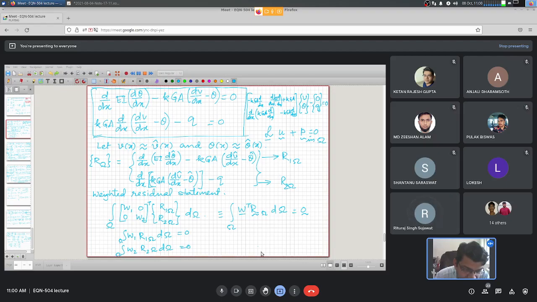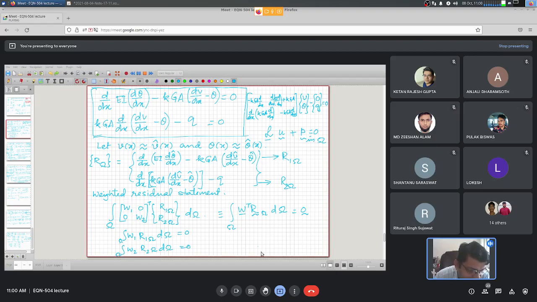Yes, sir, but if you solve that first weighted residual statement, you will be getting one approximate function. Fine. You are not getting an approximate function, you are getting an equilibrium equation. You get one equation from one weighted residual statement for one choice of weighting function. Choice of another weighting function gives you another equation.